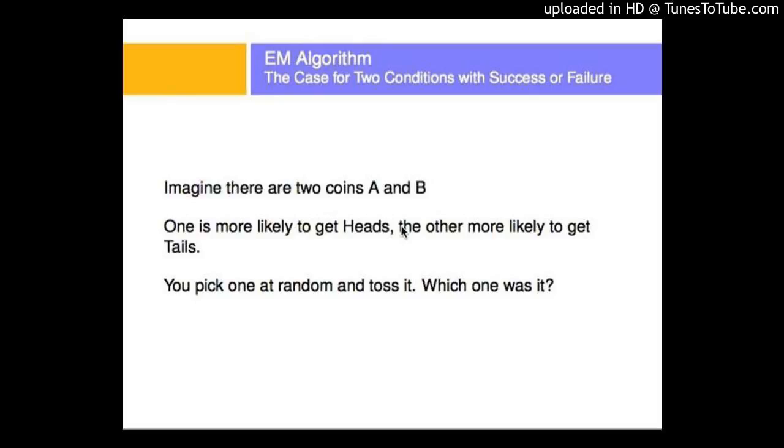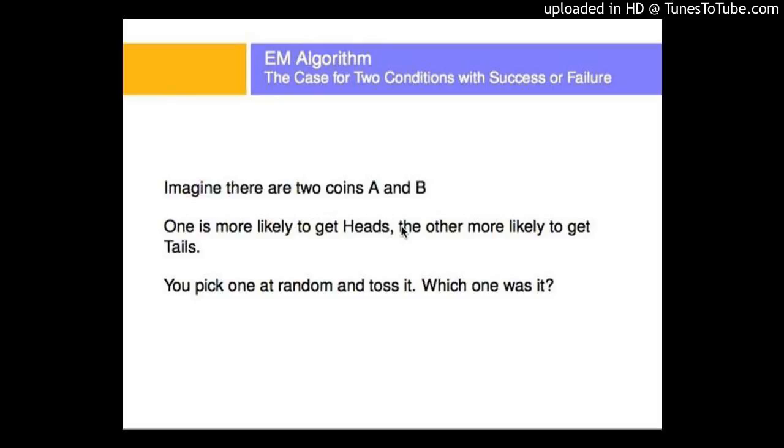Then I add these numbers, the numbers of heads and the numbers of tails for each coin, and I get for coin A 21.3 heads and 8.6 tails, and here I get 11.7 heads and 8.4 tails. With these numbers, I will compute the new theta, the new means for these coins.